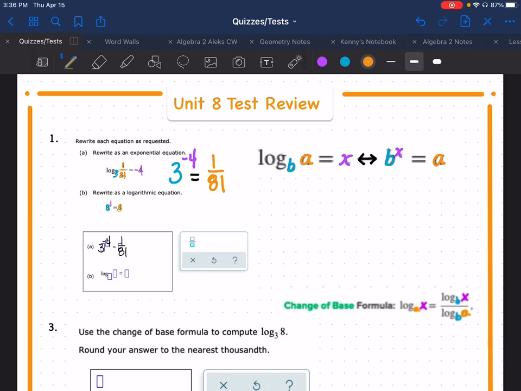Now if I change into the log, the base is going to be the blue number. Let me get that orange back, because the orange comes next, and then it's going to equal the purple one. And I'm just going to go ahead and fill in down here.